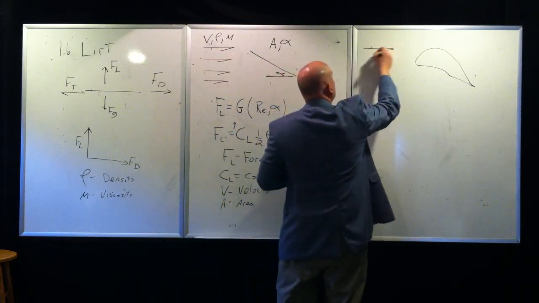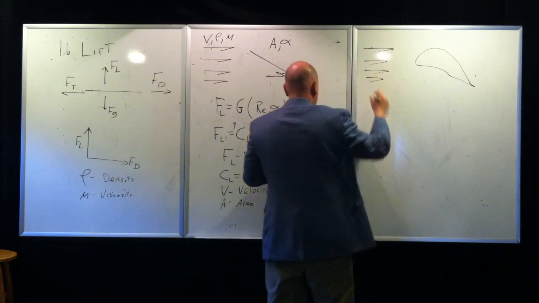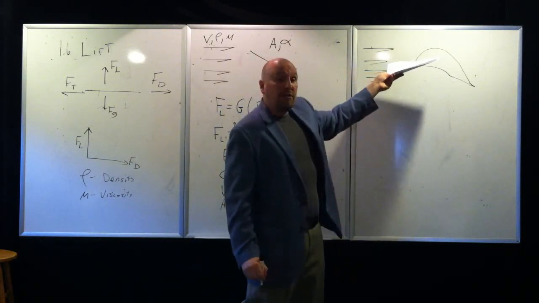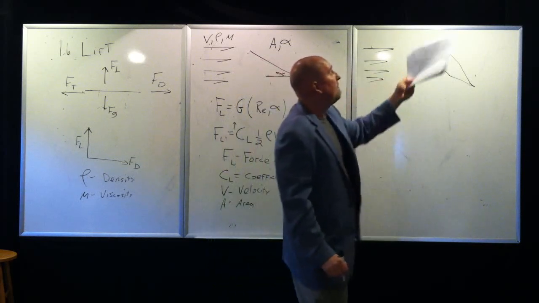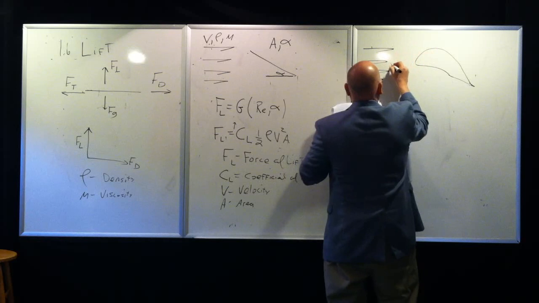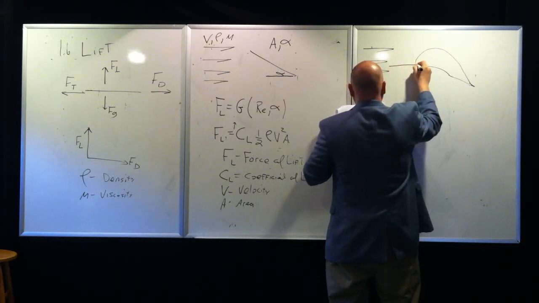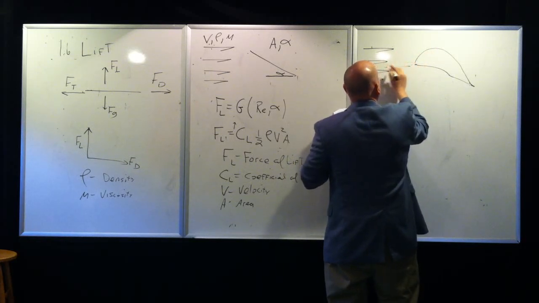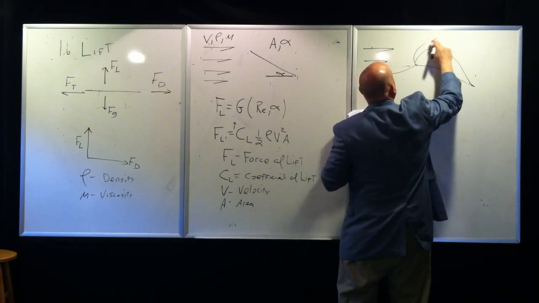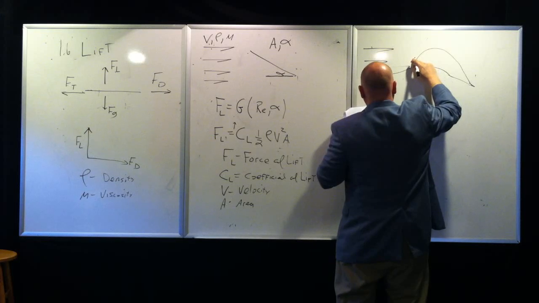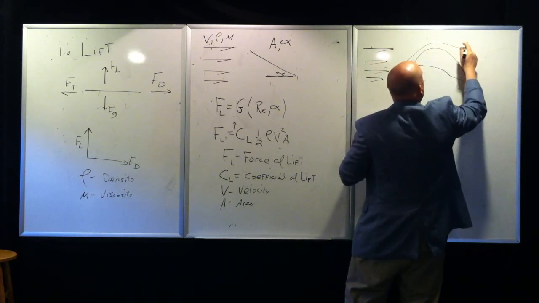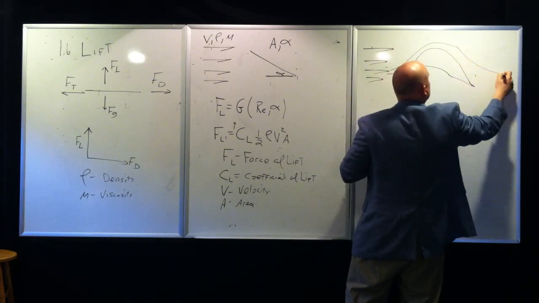If we have our free stream coming in, depending on the velocity, it will take a different profile around it. So this may be coming in, and you'll have a point of stagnation. Then you'll have these streams, we'll call these streamlines, going around it.